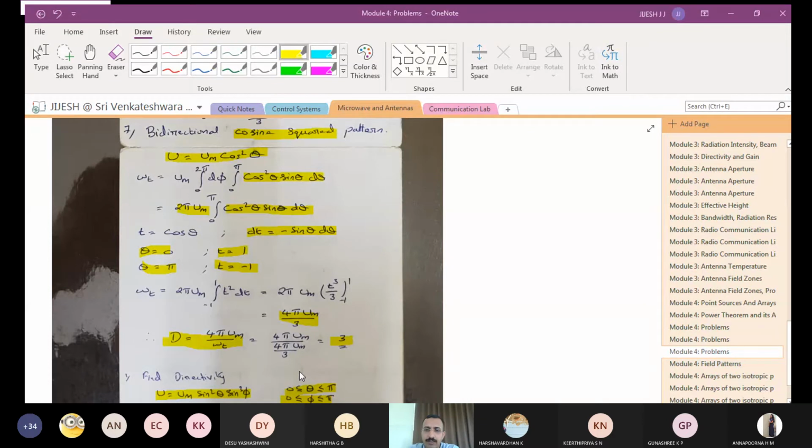Yeah, has any one of you completed this? What is the answer for this? If you have completed directivity itself, you can say the answer for directivity.